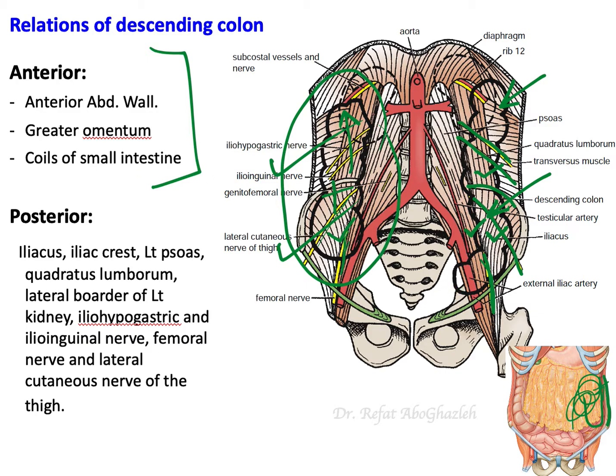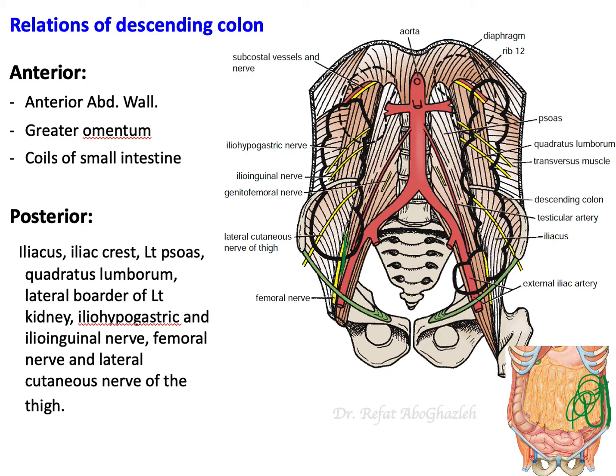Okay, so let us summarize the structures related to the descending colon. So you have the iliacus, and passing on it the lateral cutaneous nerve of thigh. You have the iliopsoas, the psoas major, of course the left one. So you know we have the iliopsoas tendon here.